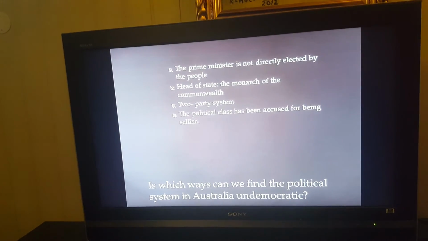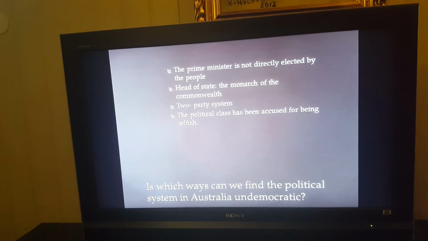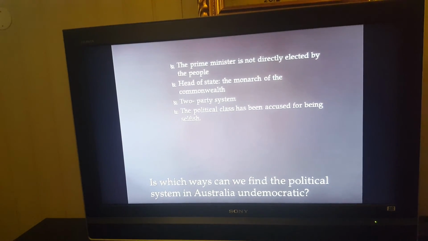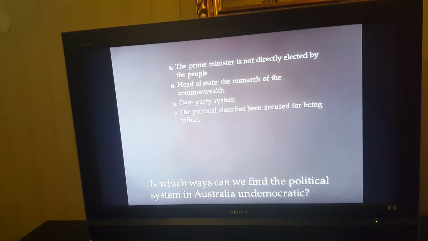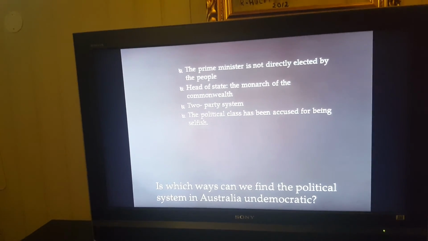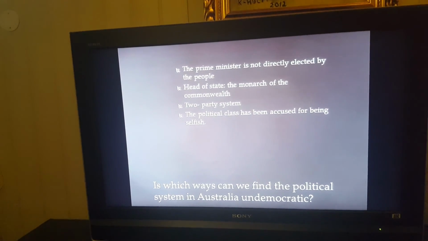Because being a senator, you're kind of safe on all levels. So it was said that the senators lacked empathy for the people and were selfish.